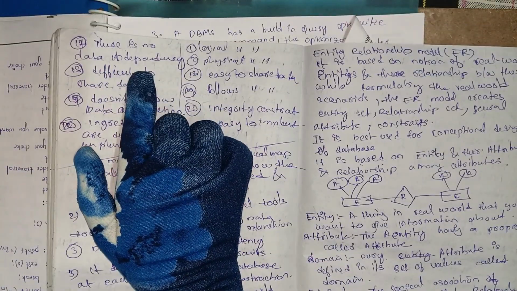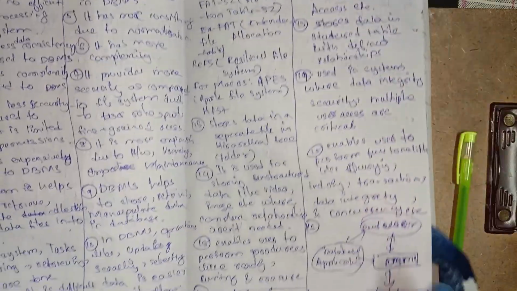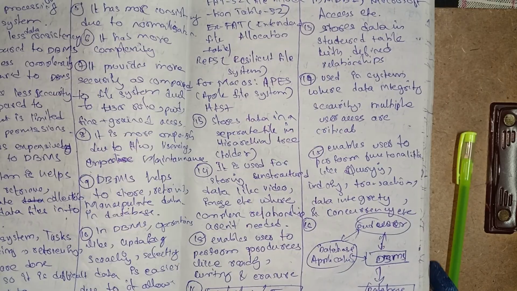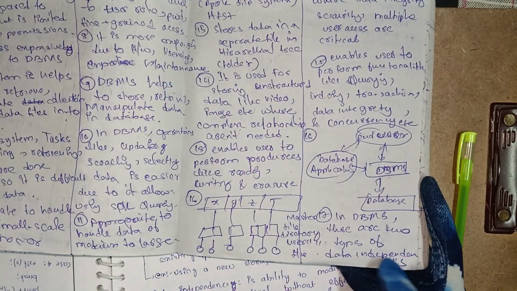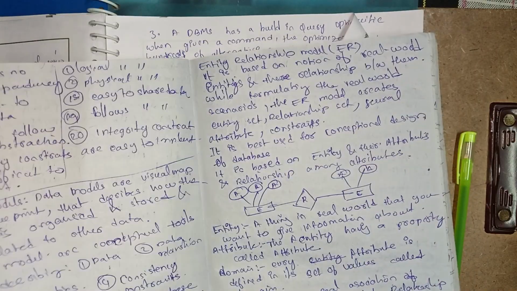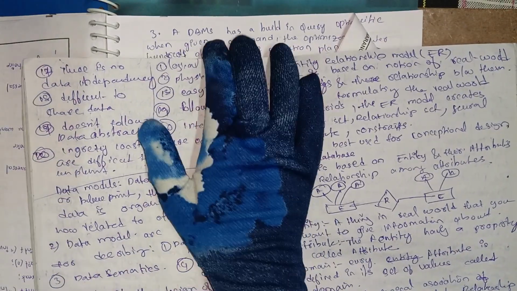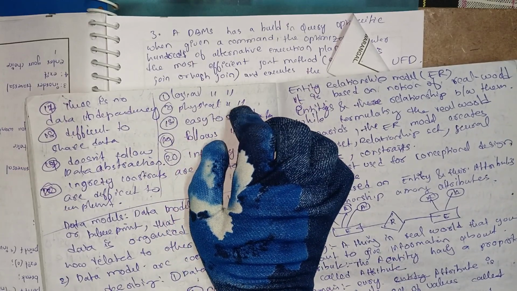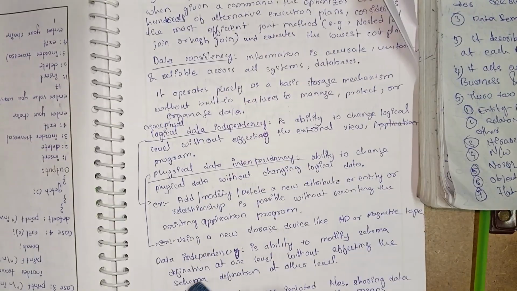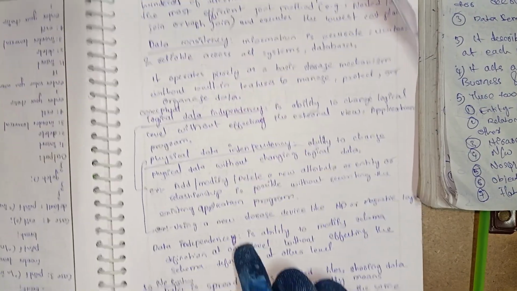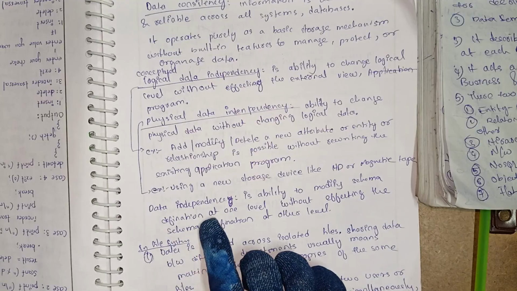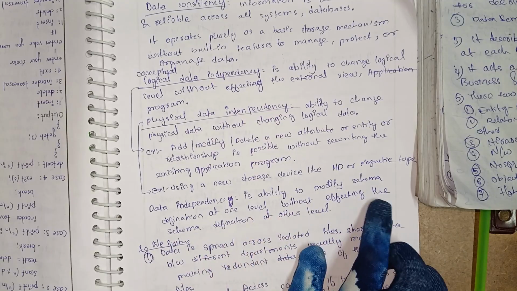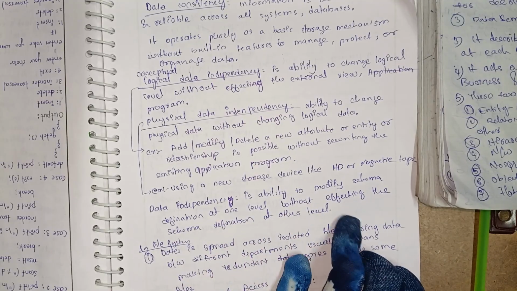So in the file system there is no data independence, and here in DBMS there are two data independences: logical data independence and physical data independence. So what is data independence? Data independence is the ability to modify the schema definition at one level without affecting the schema definition at another level.